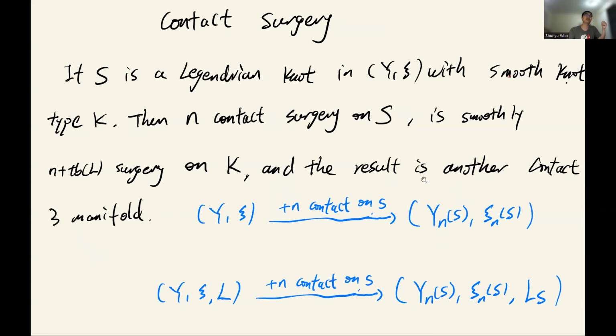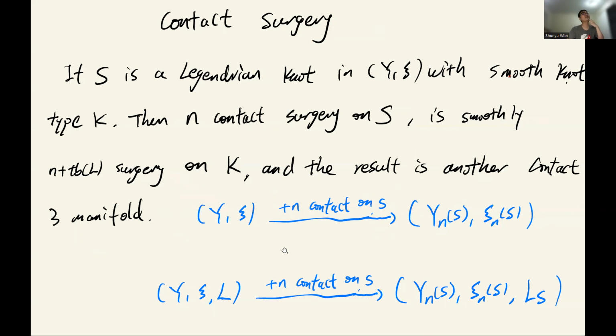Here is a schematic picture. If we have (Y, ξ) and a Legendrian knot S inside, and we do a contact plus n surgery on S, it will give you another contact manifold, called Y_n of S, with contact structure ξ_n of S.